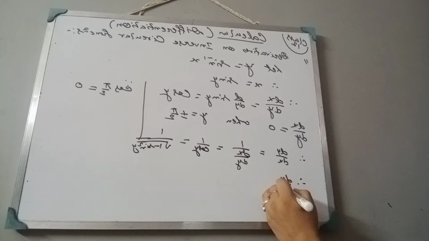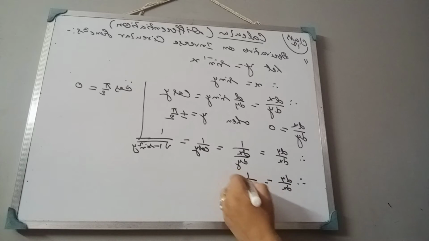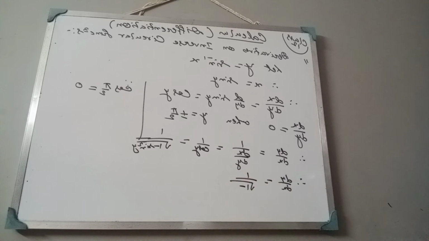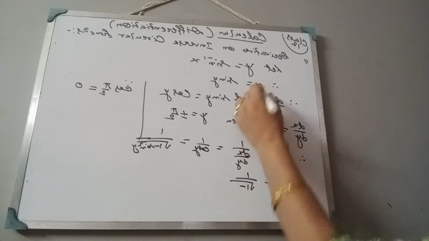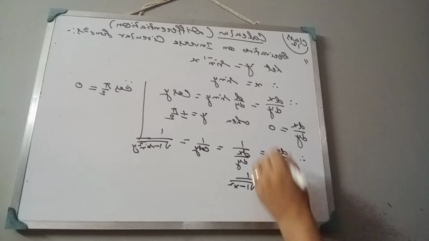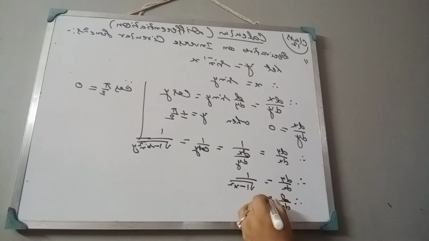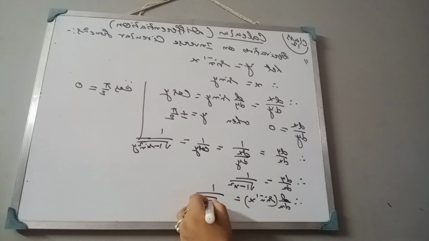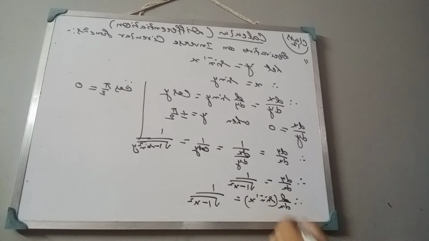Therefore dy/dx is equal to 1 by square root of 1 minus sine square y, so it is 1 minus x square. Therefore d/dx of sine inverse x is equal to 1 by square root of 1 minus x square.